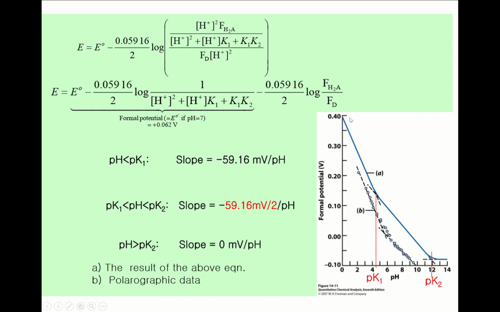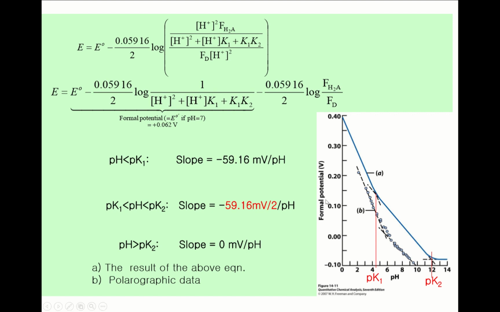Yeah, it decreases as pH increases. Okay, it linearly decreases, and then at this point it also linearly decreases, but the slope changes. And at another point here, it doesn't decrease anymore. It flattened. Okay, here.